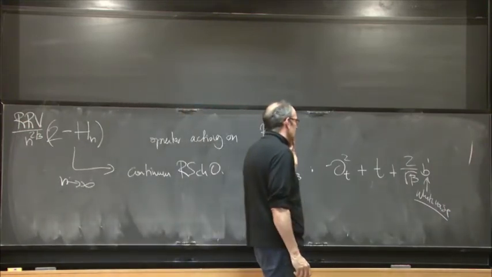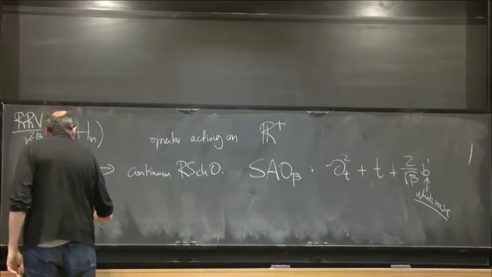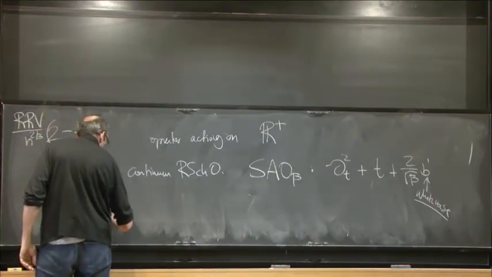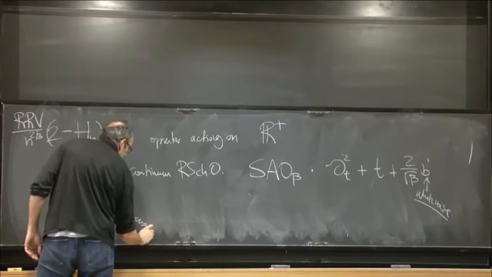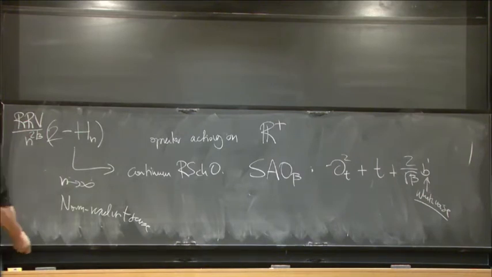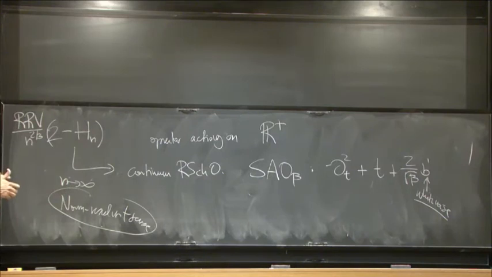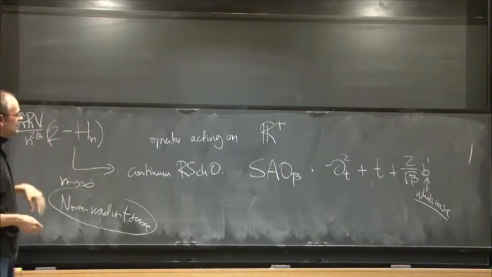Okay, so that's what the operator is, and the convergence here is in the norm resolvent sense. That basically means that the inverse converges in norm. And so automatically when you have such a thing, that gives you everything you want. It gives you that the eigenvectors, the eigenprojections, and the eigenvalues converge.